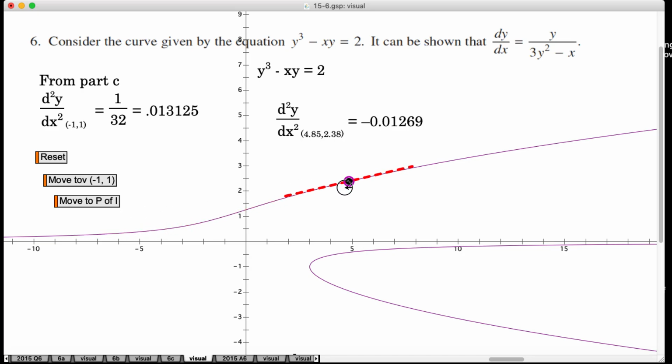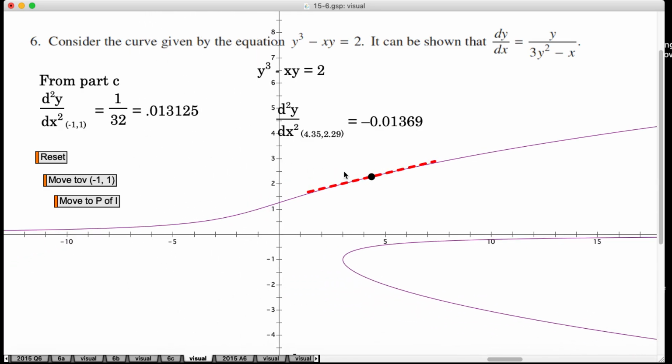That there's a point of inflection someplace in here because it changed from concave up to concave down. And that point of inflection is right over here when x is 0. It's at the point 0, 1.26, where the second derivative is equal to 0.